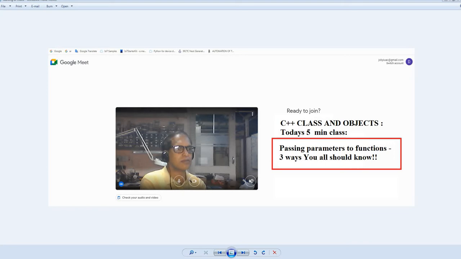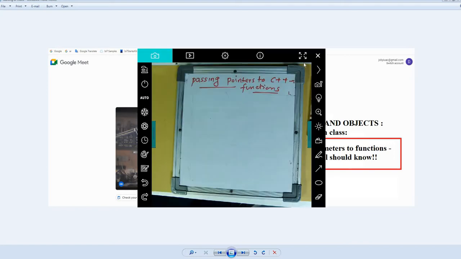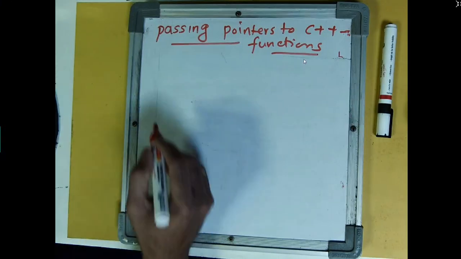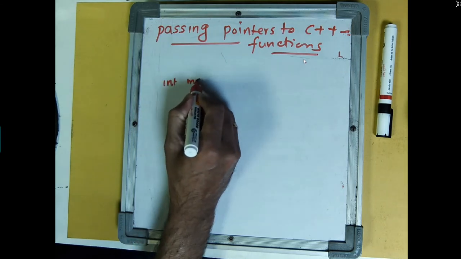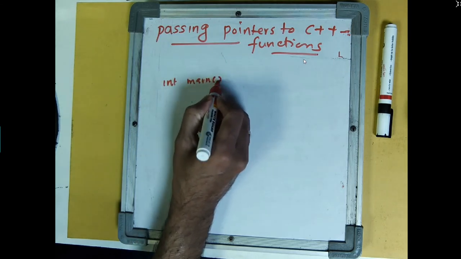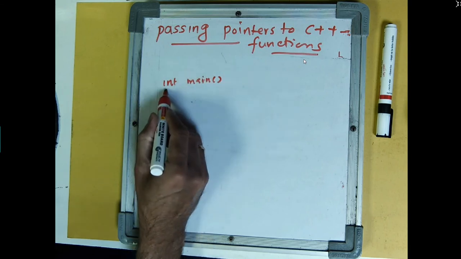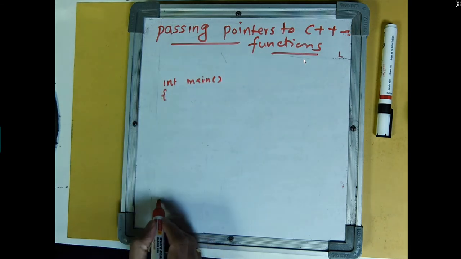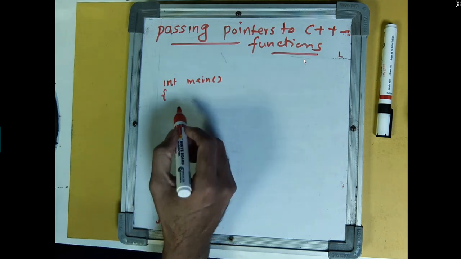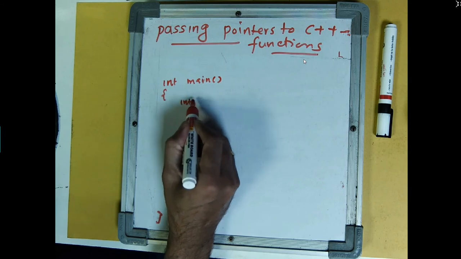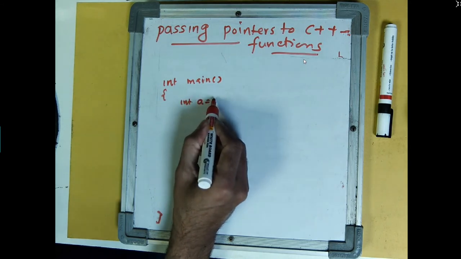Now, let's say you have a C or C++ program. You know that it is written starting like this, and you write the program between these braces. Now I say I have an integer a is equal to 1.